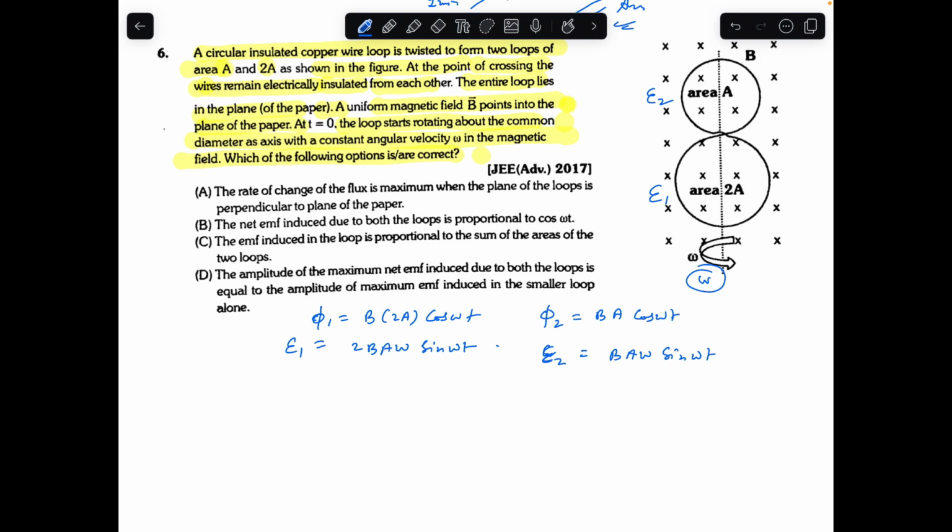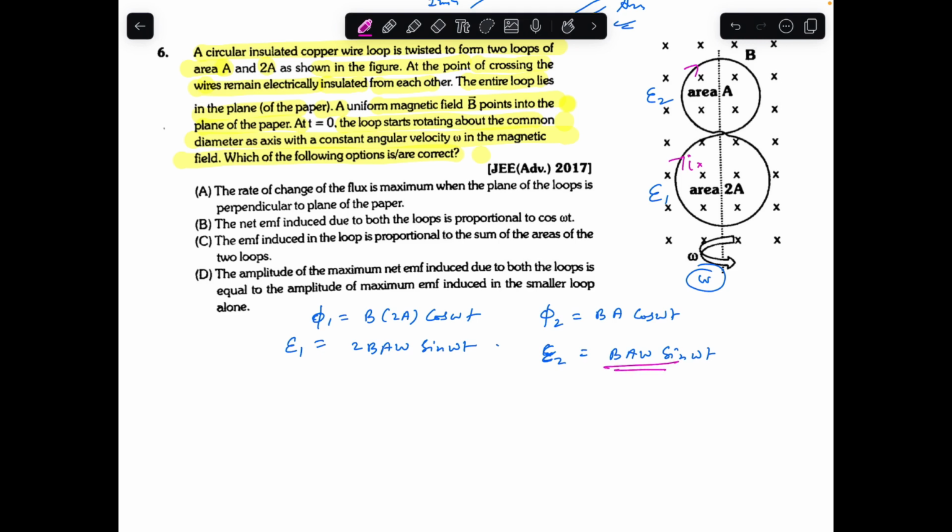Now you can see the current due to induced EMF. When it rotates from this plane, the inside flux is decreasing, so the inside field has to increase, so the current will be in this direction when it just starts rotating. Obviously, it will be AC current, it will change direction because it is a periodic EMF.